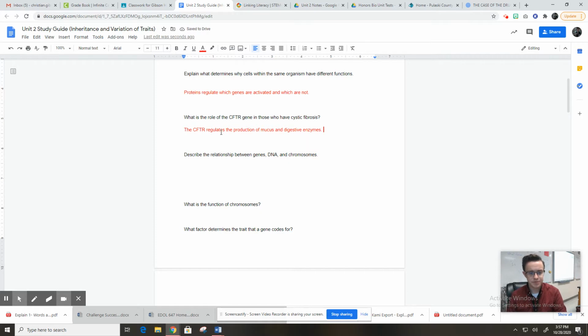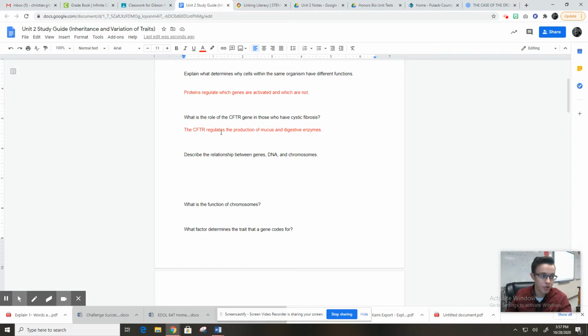Specifically, it regulates the production of mucus in your lungs, and digestive enzymes. It also has to do with sweat glands too. But someone who has the normal CFTR gene has normal mucus production and normal digestive enzymes as far as that gene goes.